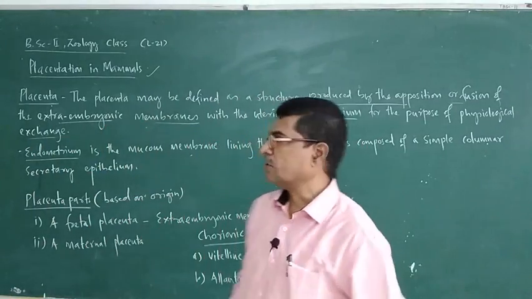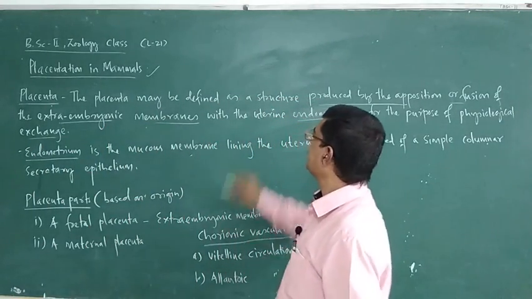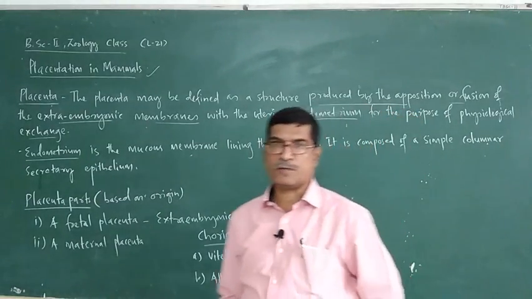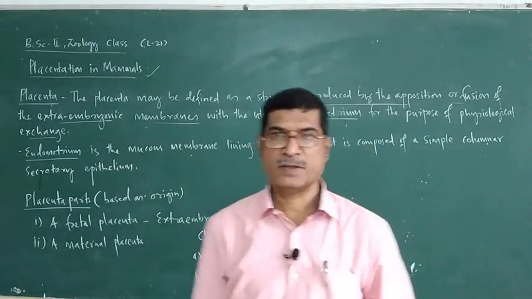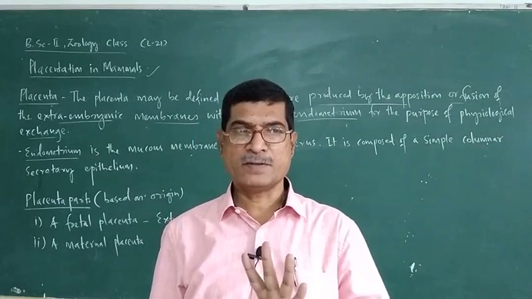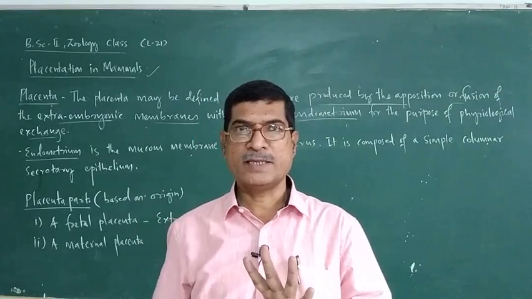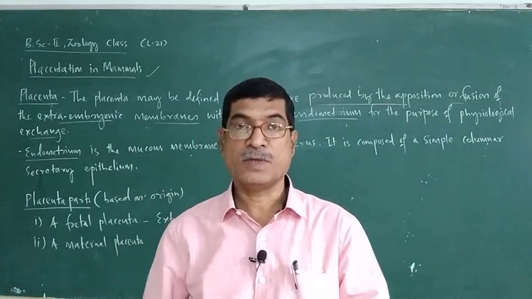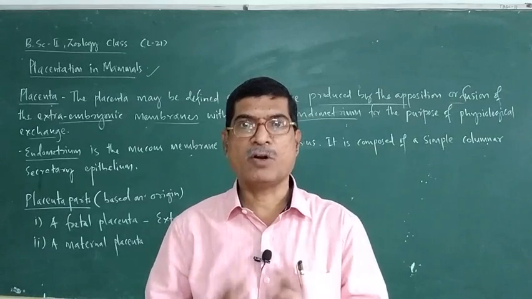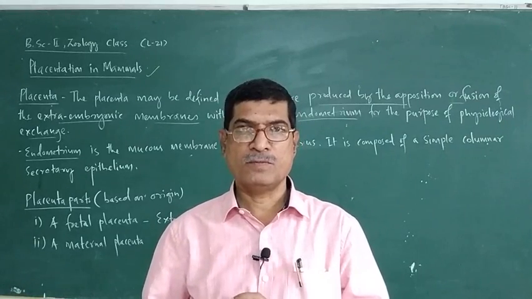Okay, so placenta means a structure produced by the apposition or fusion of extra embryonic membranes. There are 4 different extra embryonic membranes which are present outside the embryo, which help in the proper development of the embryo.